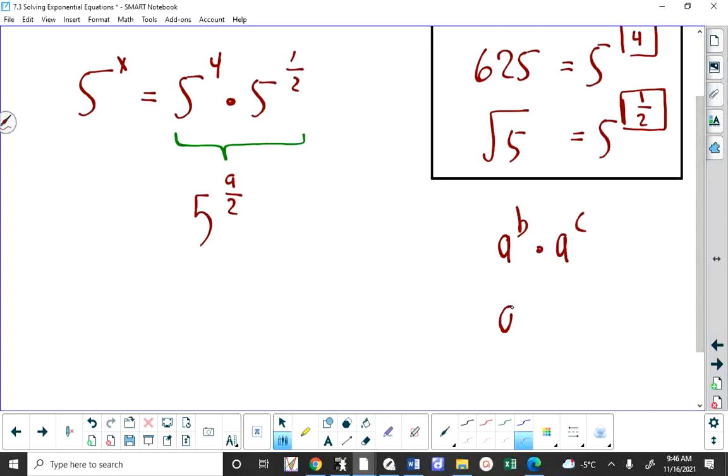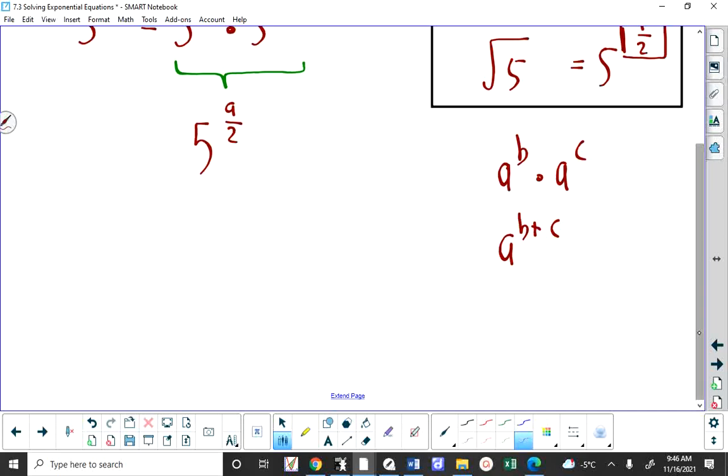You get a to the b plus c. This becomes more obvious if I gave you x squared times x cubed. It gives you x to the 5. Because x squared is x times x. X cubed is x times x times x. So x squared times x cubed is x times x times x times x times x, which is x to the 5. You add the exponents, but the base stays the same.